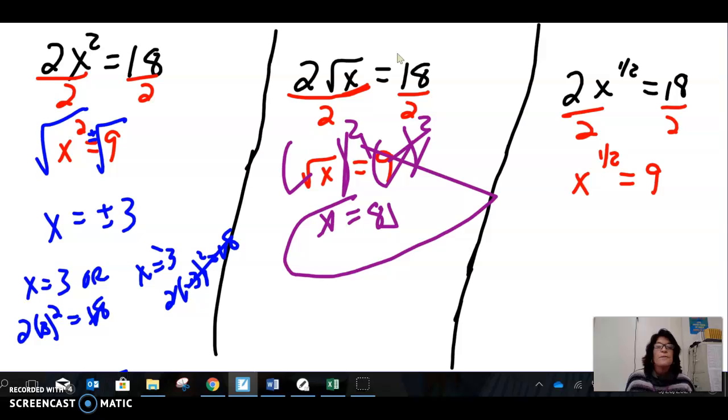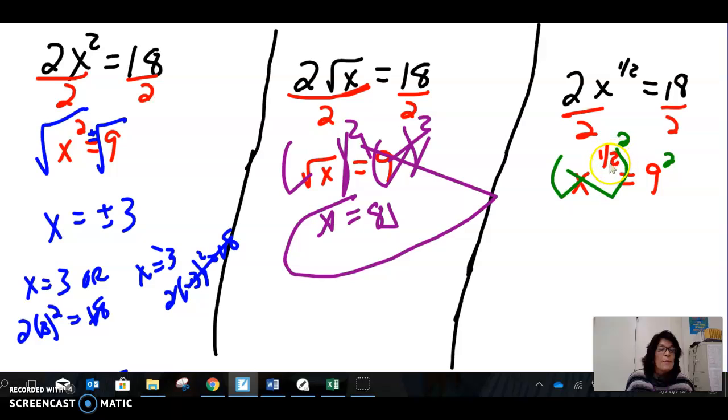Alrighty. So, over here, I have x to the 1/2 equals 9. When I have a fractional exponent, what I do is raise that exponent to the reciprocal power. The reciprocal of 1/2 is 2 over 1. I'm going to raise this side to the 2 over 1 power, and I'm going to raise this side to the 2 over 1 power.